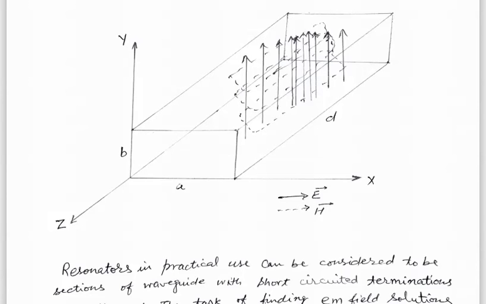The two faces, this one and similarly the last one, with area ab, are the shorting planes. So when we short these two planes with metallic plates, the rectangular waveguide acts as a rectangular cavity resonator.